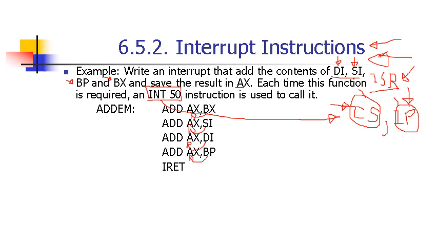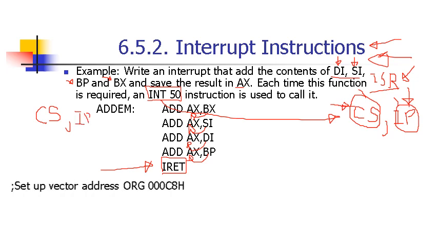So now we added the values of the 4 registers into your AX. Done. Okay. End your code with the interrupt return instruction. You know definitely where you wrote this code. You know definitely your CS and IP.